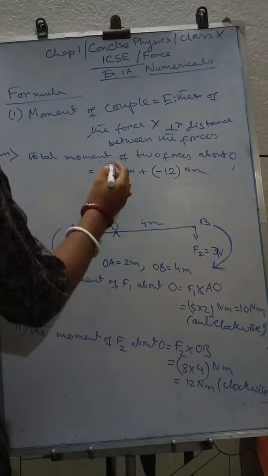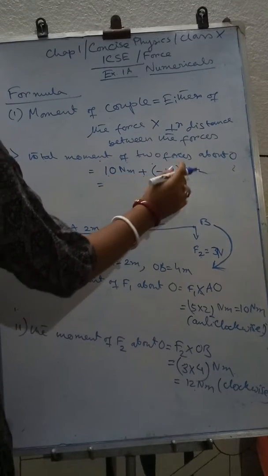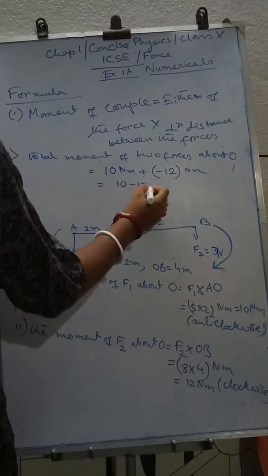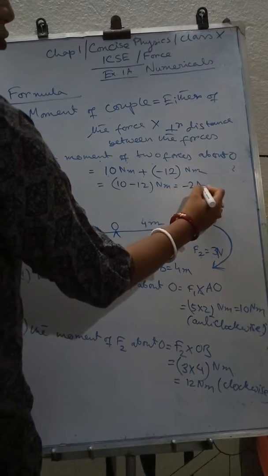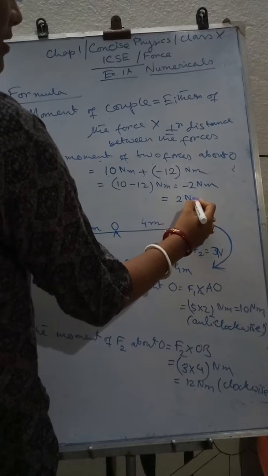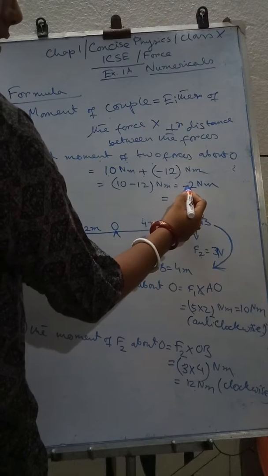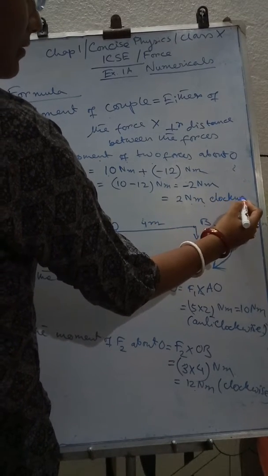So the total moment of two forces about O will be 10 Newton meter plus minus 12 Newton meter. That is 10 minus 12 Newton meter. That is minus 2 Newton meter. Which means that the total moment is 2 Newton meter, and for this negative sign the direction will be clockwise.